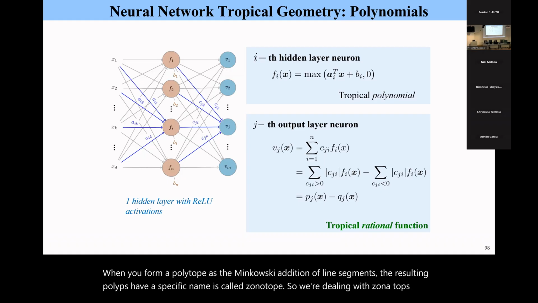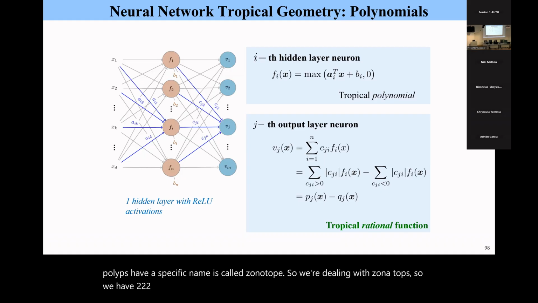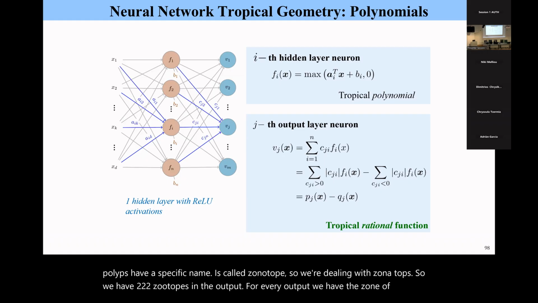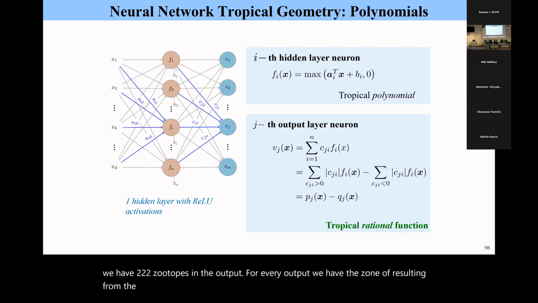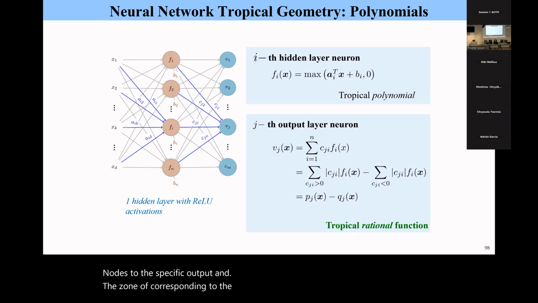So we have two zonotopes in the output, for every output. We have the zonotope resulting from the positive multiplicative coefficients that connect some of the hidden nodes to the specific output, and the zonotope corresponding to the negative multiplicative coefficients.